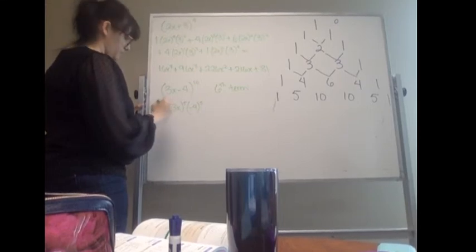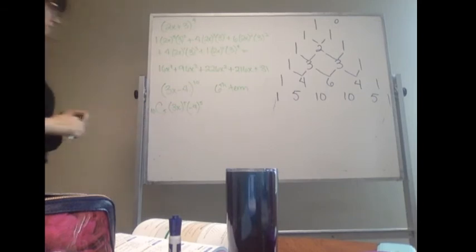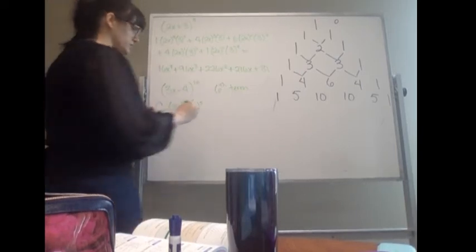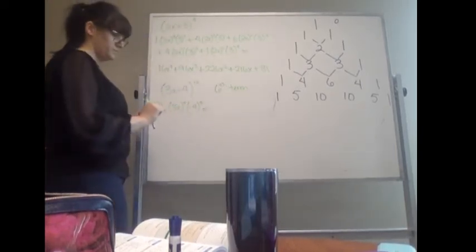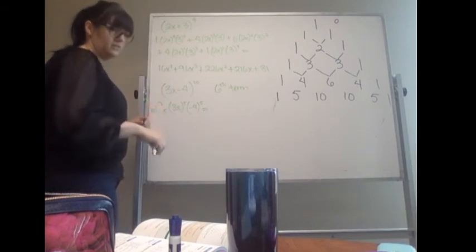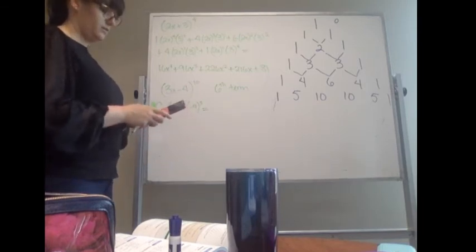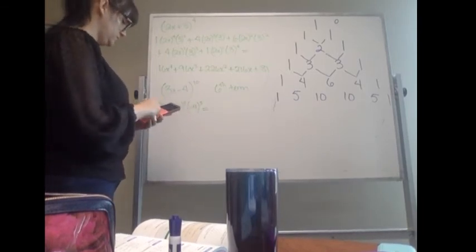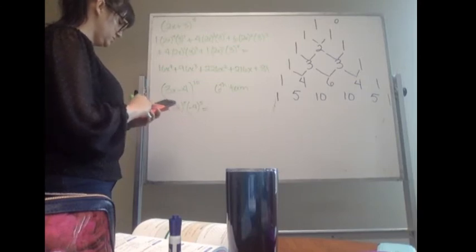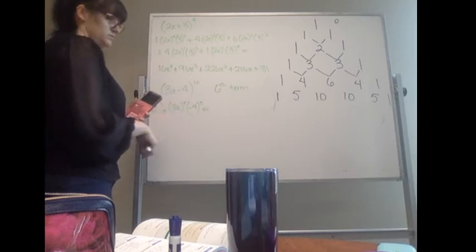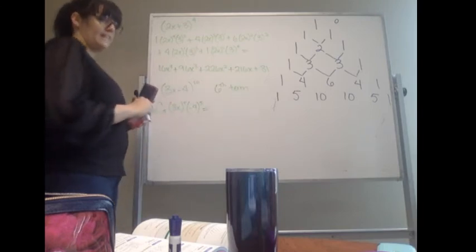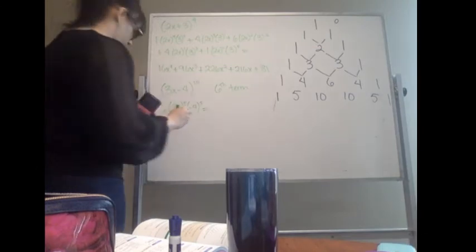So 5. Now we're just going to simplify this. On your calculator, you're going to type in 10C5, and it's 252.